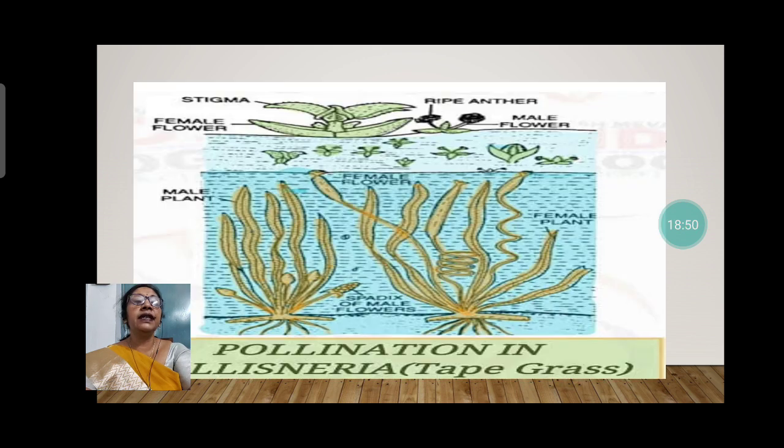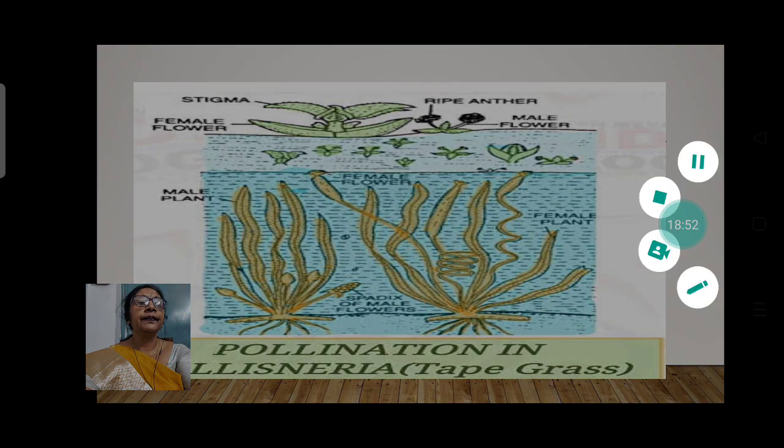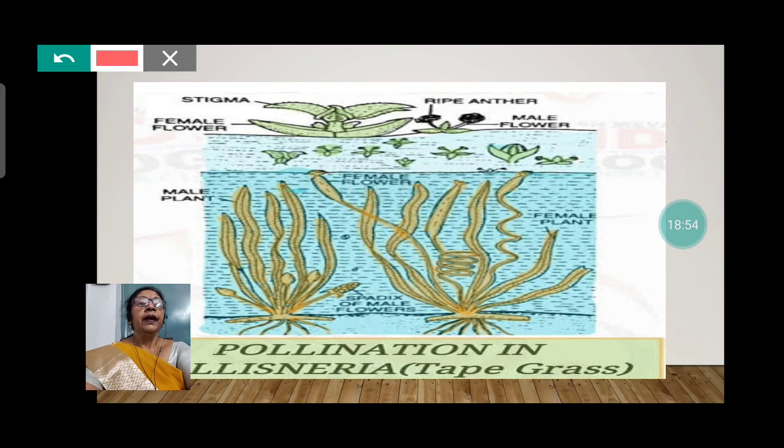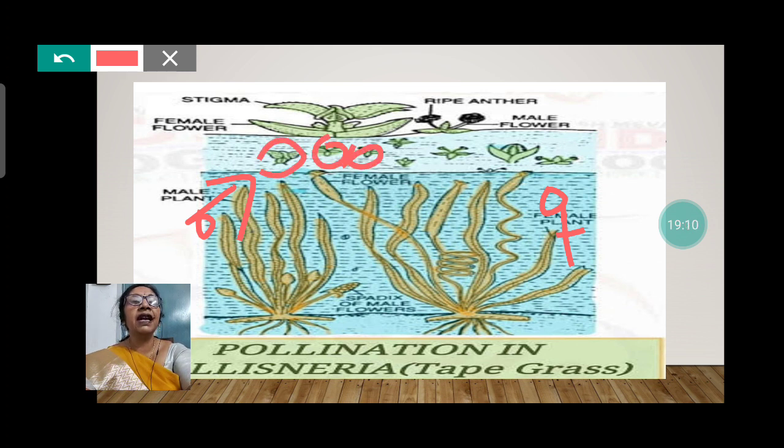Now see what happens. You find that this is the female plant and this is the male plant. The male plant produces the flower. This flower gets detached from the male plant and floats on the surface of water. These are the male flowers floating on the surface of water.